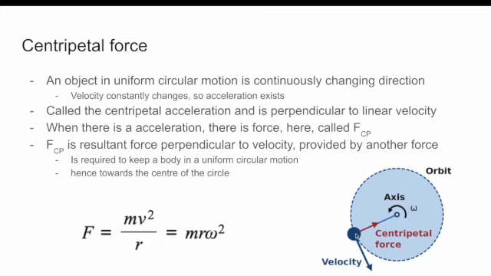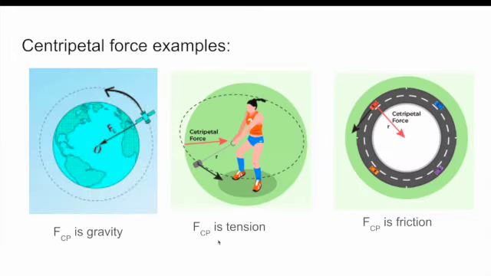So here the radius is the distance from this point to this point, the velocity is this value here, and the mass will be given in the question. Now we can also write this as mass times radius times angular velocity squared. Now is when we start to take a look at some examples of it and then revisit the definition of angular velocity and linear velocity.